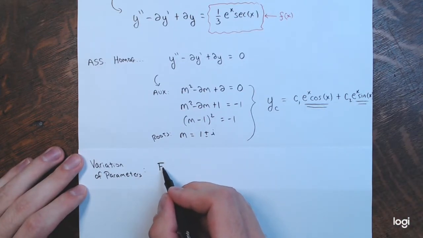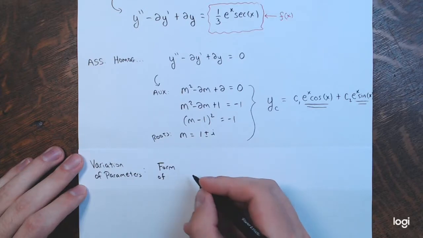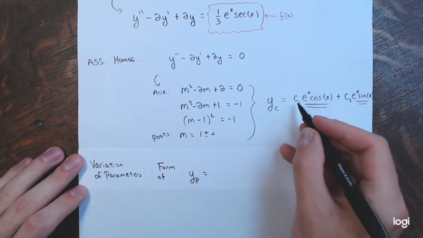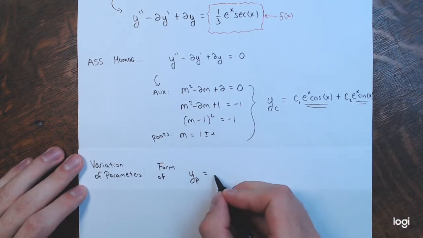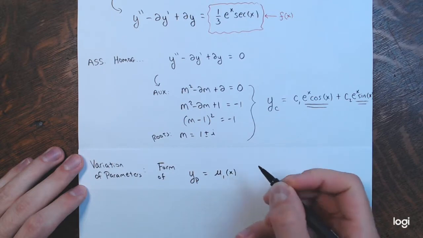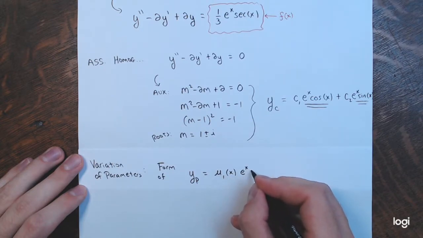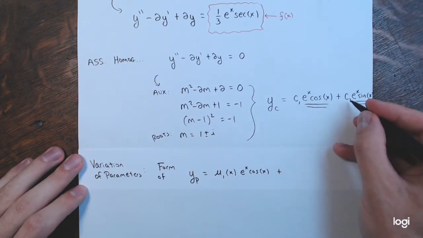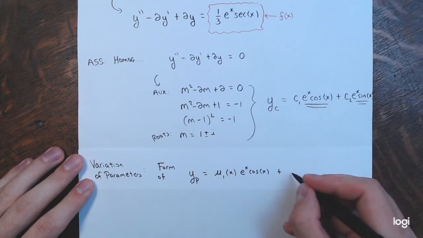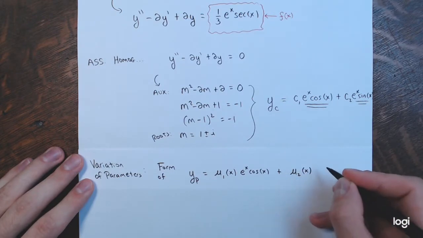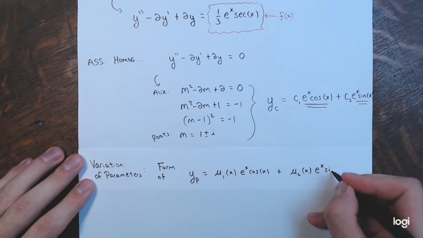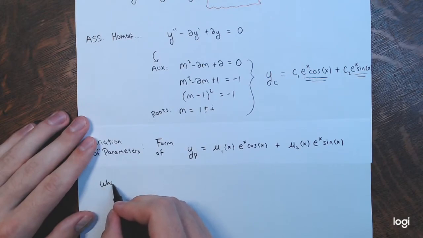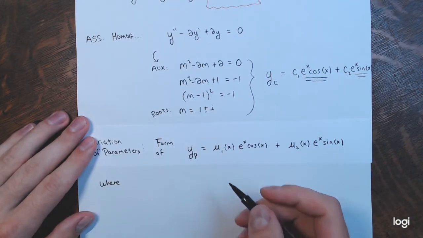So the form of the particular solution that we're looking for, yp, is going to be, instead of c1, some function u1 of x times e to the x cosine x, plus, instead of c2, some function u2 of x times e to the x sine x, where u1 and u2 satisfy the following.